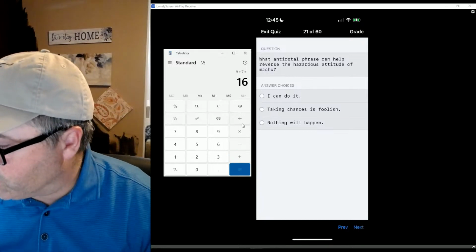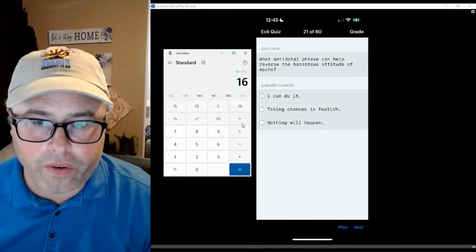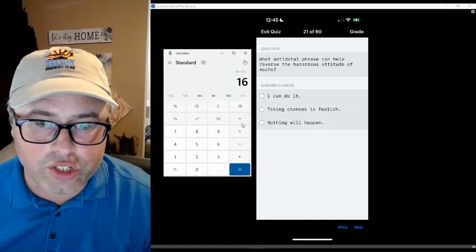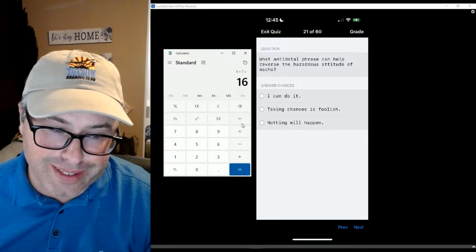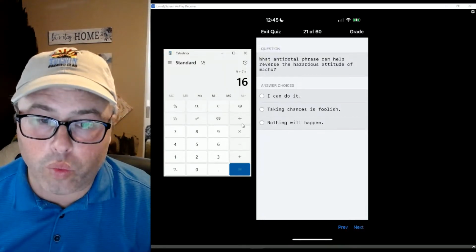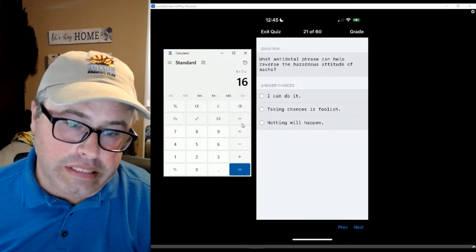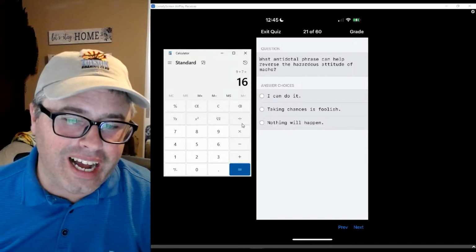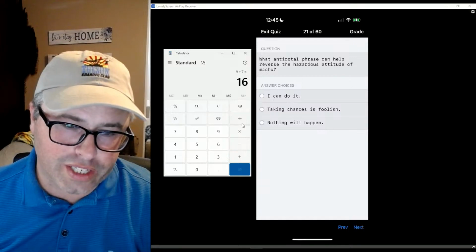What antidote phrase can help reverse the hazardous attitude of macho? Okay, they want the antidote phrase, not what is macho. I can do it. That is macho. Taking chances is foolish.